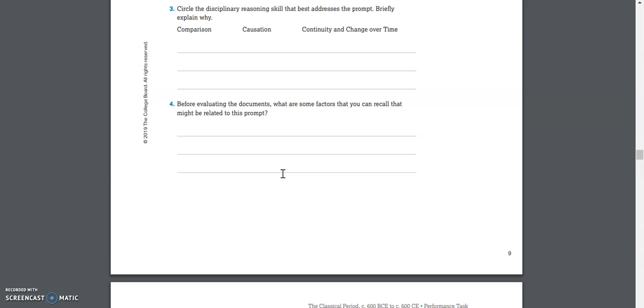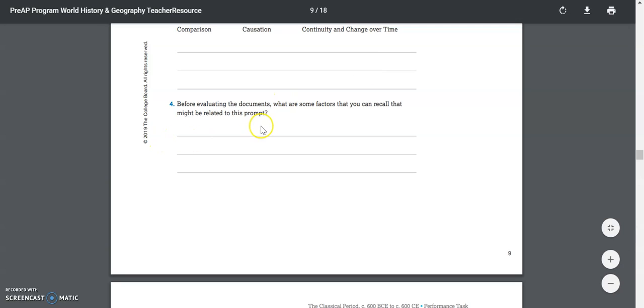How many civilizations were big at this time? What was the distance like between these civilizations? Was it really far, or were they close by? How did they trade? Did they trade mostly through sea, land, or a mixture of the two? There are a lot of different ways you can go into thinking about this.